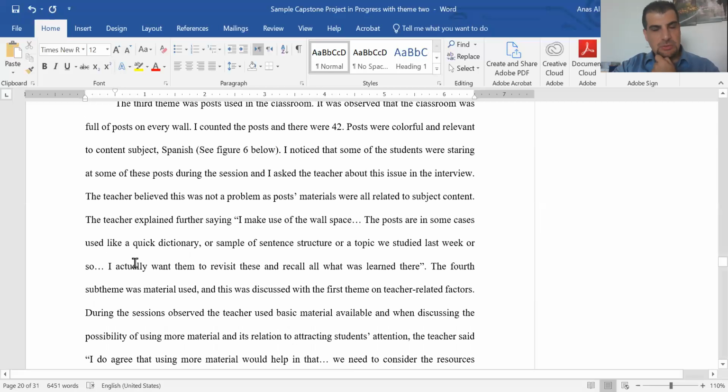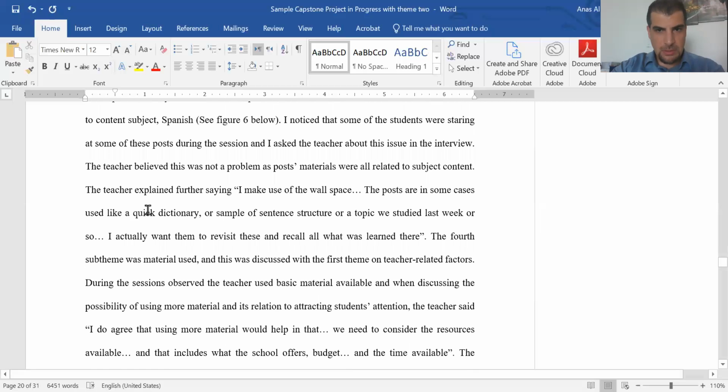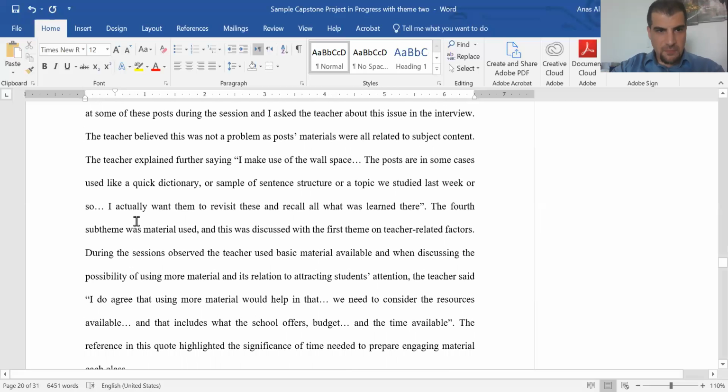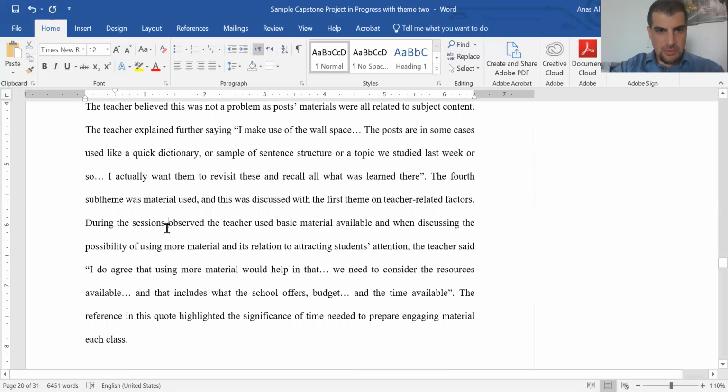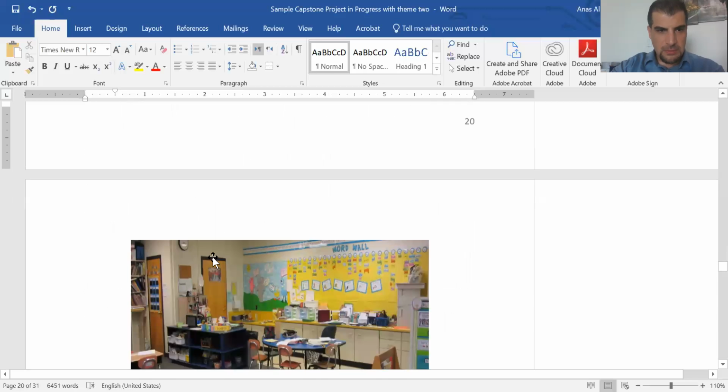The teacher is using these to support attention and also as supporting material, if I recall. The teacher believed that it was a problem. Okay, the fourth sub-theme was material use, and it was discussed with the first theme. During the session, I observed the teacher used basic material. We also talked about this.